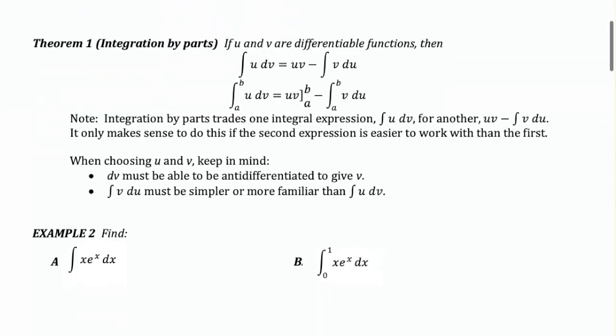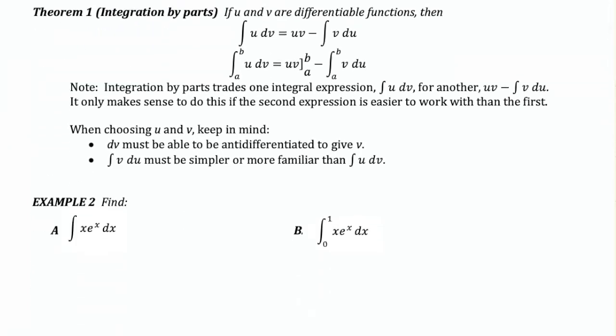So here's the theorem for integration by parts. If you're working with two differentiable functions, u and v, then this rule is going to hold. It says you can change the integral of u times dv into the product of u and v minus the integral of v du. So what this does in essence is it switches up an integral that you're struggling with into a different integral.